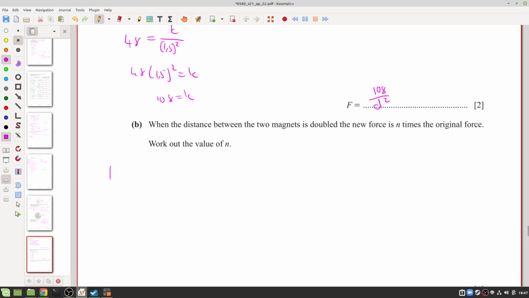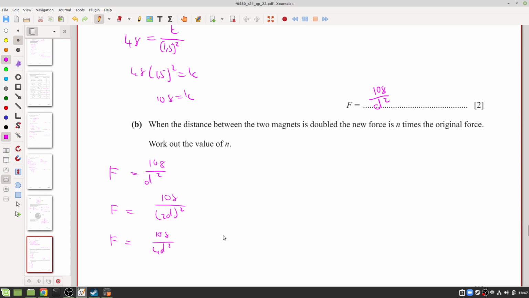So if we have F equals 108 over d squared, and we double the distance, we're going to have 108 over 2d squared. Okay, so that's going to give us 108 over 4d squared, right?